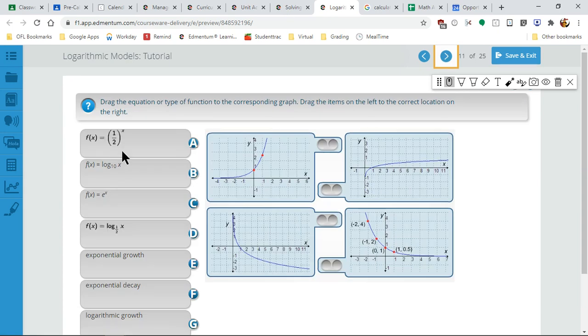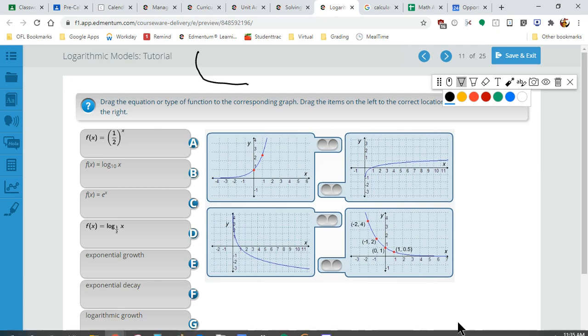We're looking at the initial rate. This tells me my exponential rate of change is 1/2, so when I first get started, it's always 1/2. It's going to be a decrease because I'm slowly going down and down.